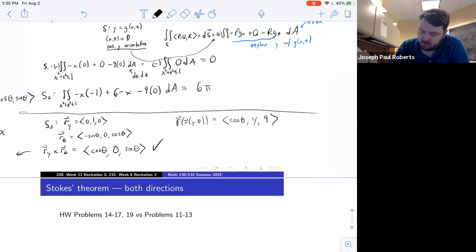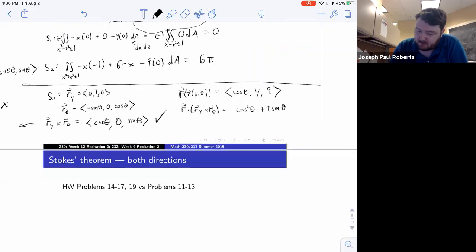And then f dotted with ry cross r theta is, whatever, cosine squared theta plus 0 plus 9 sine theta. And so then I'm doing the integral 0 to 2 pi, 0 to 6 minus cosine theta of cosine squared theta plus 9 sine theta dy d theta.